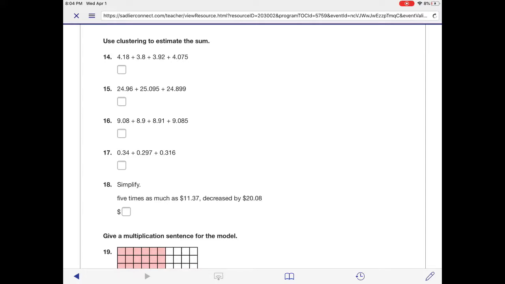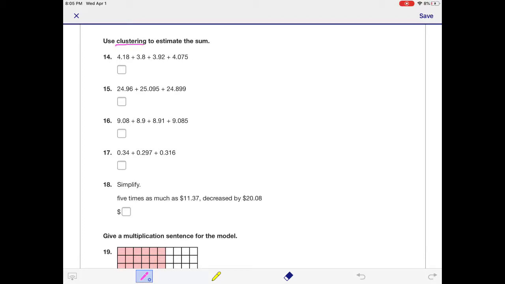Front-end estimation is one, the second is rounding, and the third is going to be clustering. The word clustering means you kind of gather all around. So these numbers right here that we're adding are kind of all gathered around a number. We've got 4 and 1/800ths, 3.8, 3.92, 4.075.